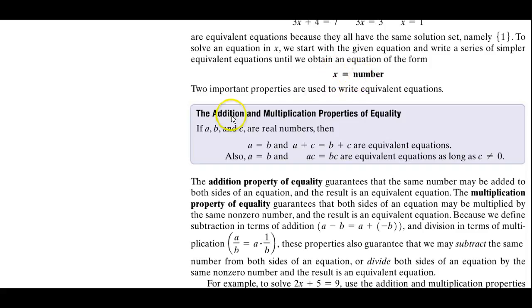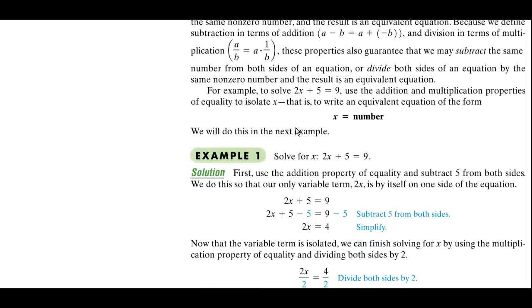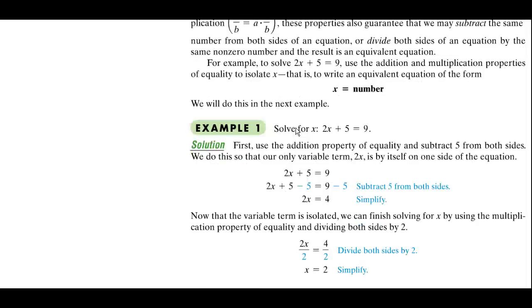And we're going to start off by adding things to both sides and later multiplying both sides and dividing both sides by certain things. And those series of steps are the steps we take in solving an equation. So let's go on to an example, and of course you can read the textbook. It has a lot of detail there as well.